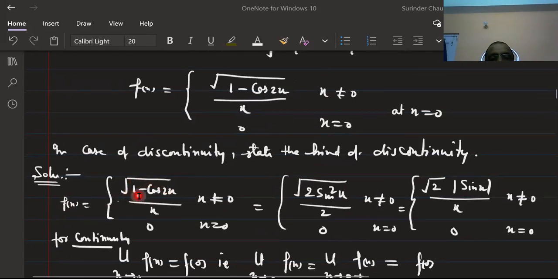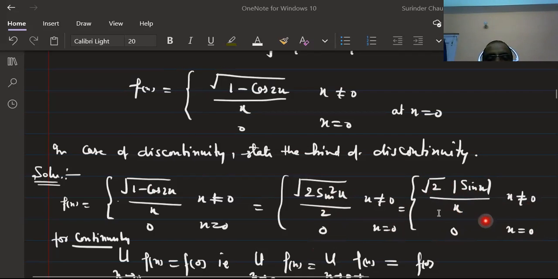Using the formula cos 2x equal to cos square x minus sin square x, 1 minus cos 2x is equal to 2 sin square x, so root 2 is common, root of square of sin x, modulus of sin x upon x, for x not equal to 0.